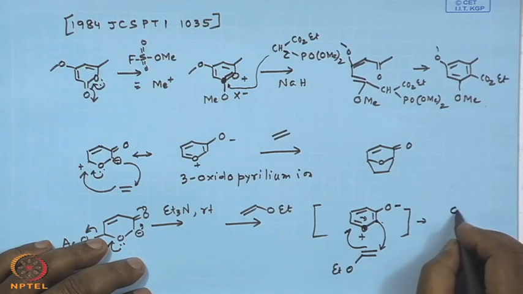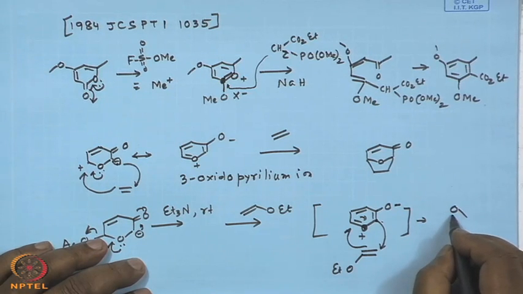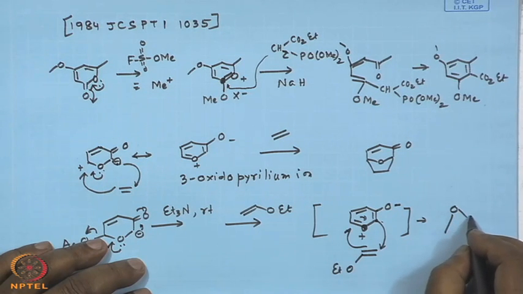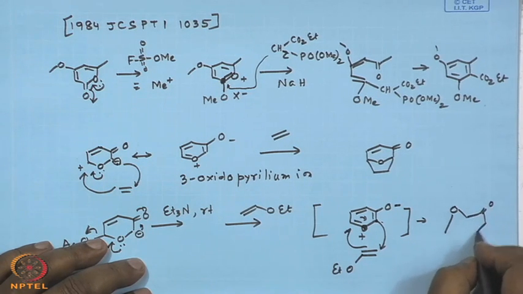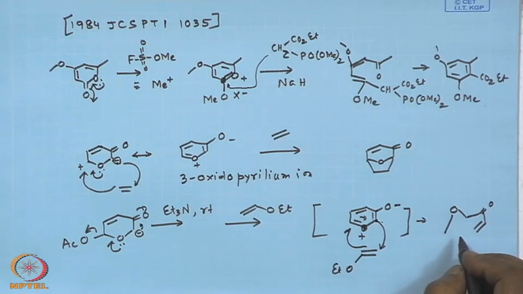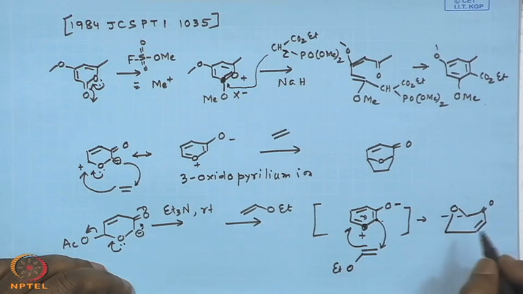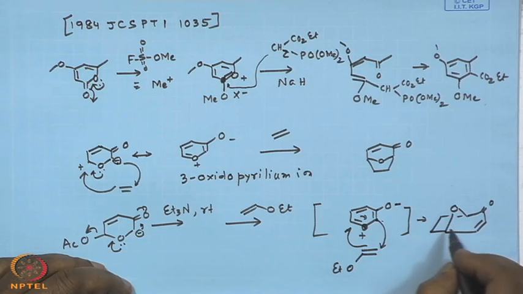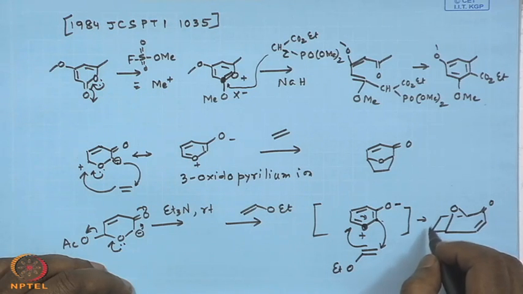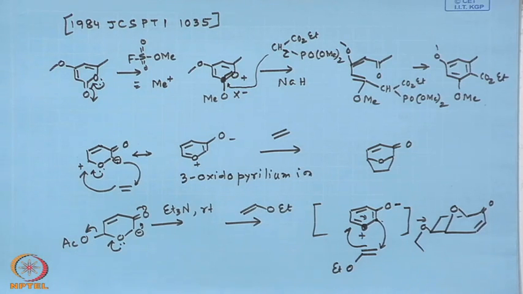One can conveniently write it this way. So that means you will get an alpha beta unsaturated kind of system here, and this double bond here, and this ethoxy group here. Okay. Pardon me?